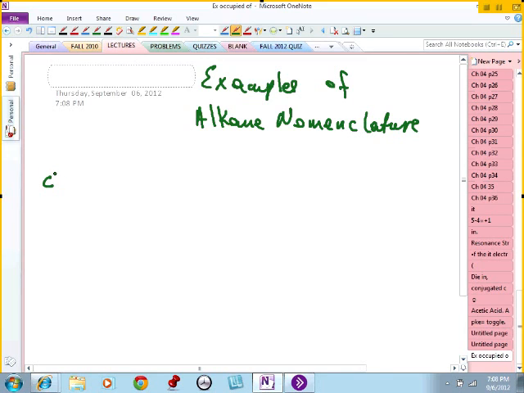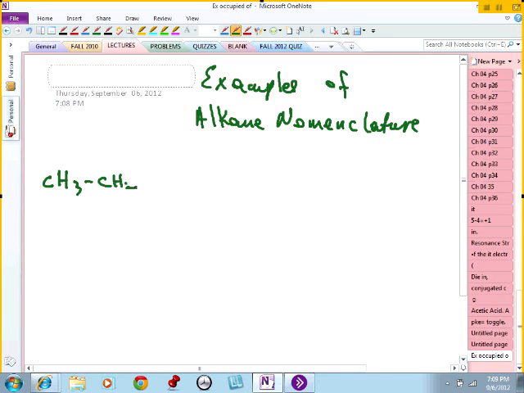From now on, I will be using condensed or semi-condensed structures, sometimes skeletal, a mixture of all of those. Forget all that stuff about Lewis and Kekulé structures. No, do not forget them, but I will not be using them.